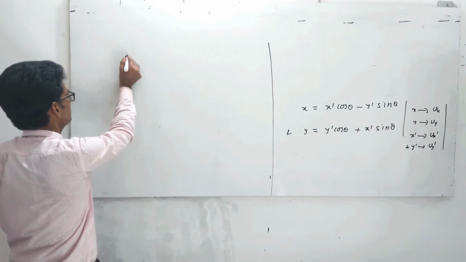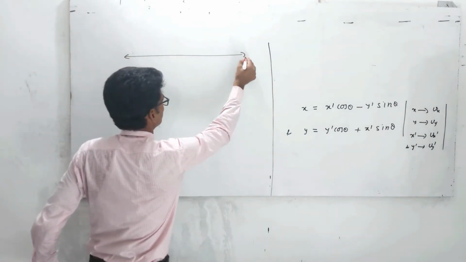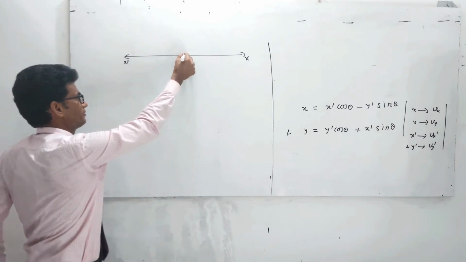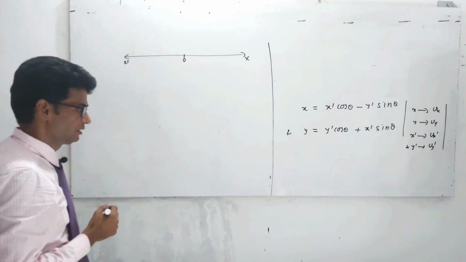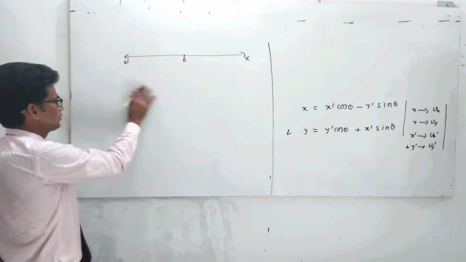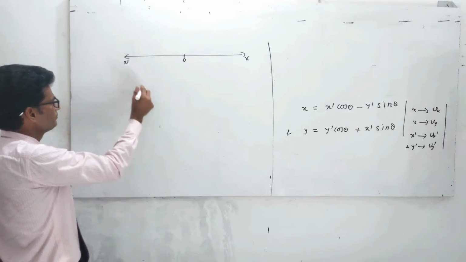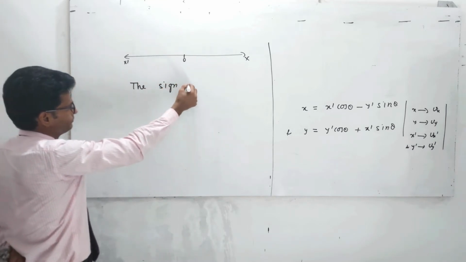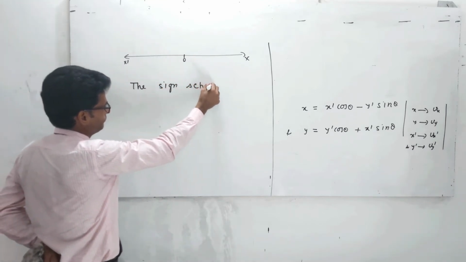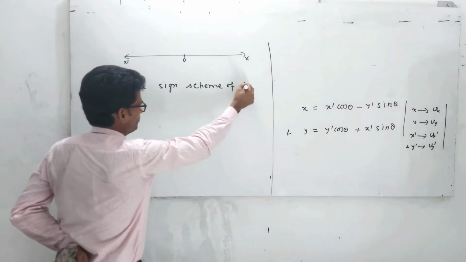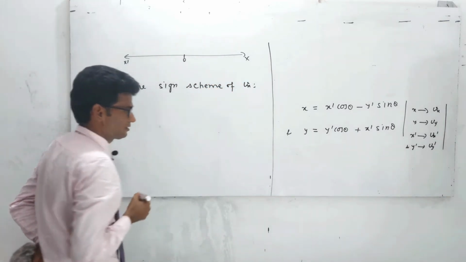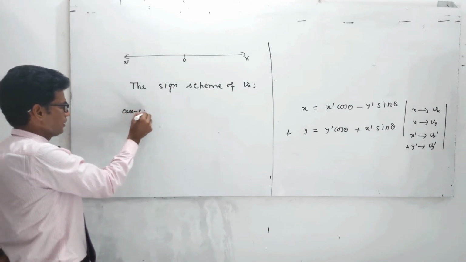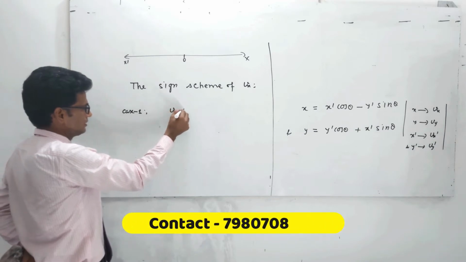Look here. The particle is moving along the x-axis. Here is the origin. Now, we are going to discuss the sign scheme of the x component of velocity, say vx. So we have case 1, say vx is less than 0.